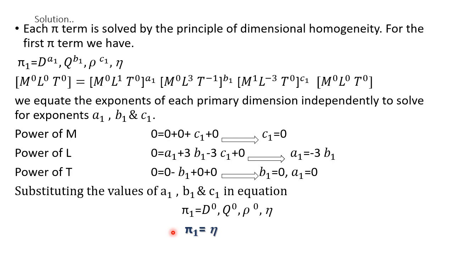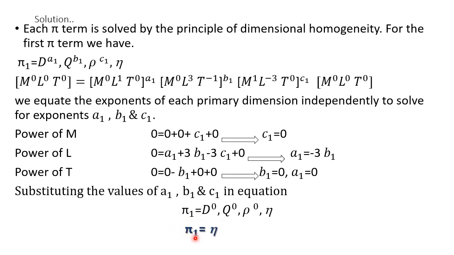Otherwise you should keep one thing in mind, this rule is already discussed: all the dimensionless variables are pi terms themselves. I just wanted to prove that, that's why I took this up. Otherwise I would have written the pi term as efficiency directly. So after simplifying, I got pi 1 is equal to efficiency.